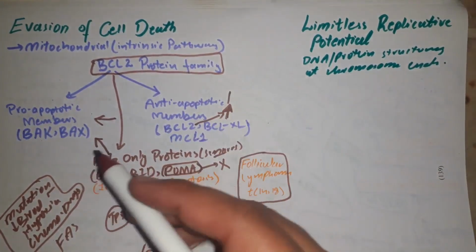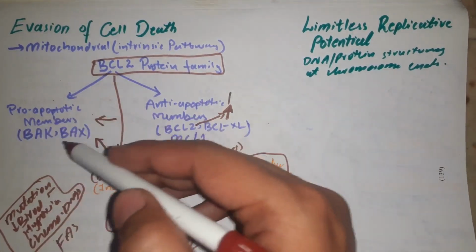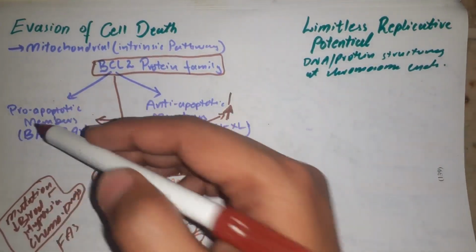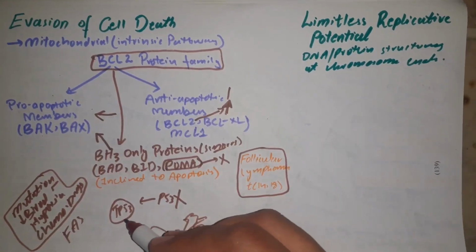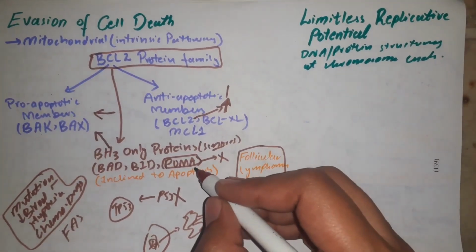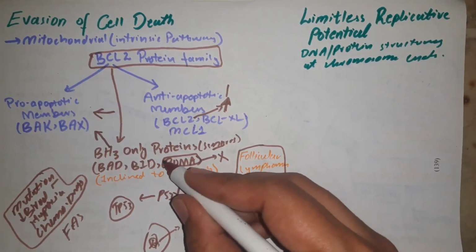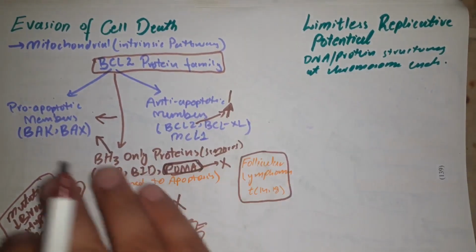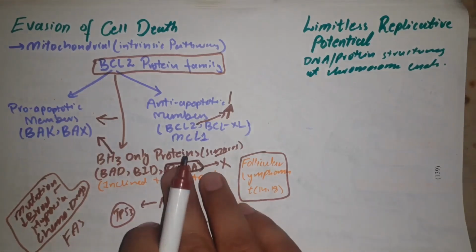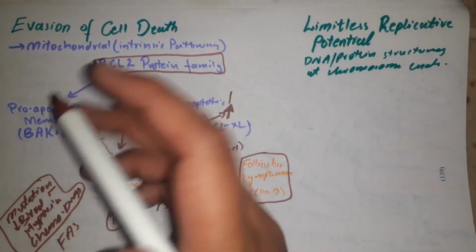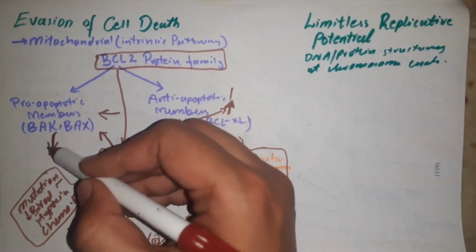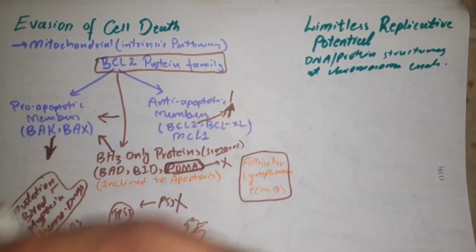So in one way, they are upregulating the anti-apoptotic members. On the other side, they want to inactivate the pro-apoptotic ones. How do they do that? In cancer, there is also mutation of TP53, and this TP53 mutation leads to down-regulation of PUMA. We know that PUMA was favoring apoptosis. When it is down-regulated, there is no favoring of apoptosis, and the cell attains mutations and doesn't die.